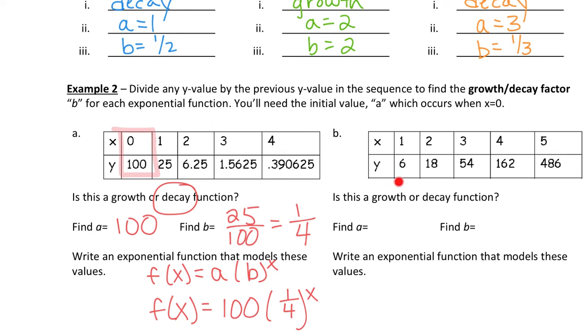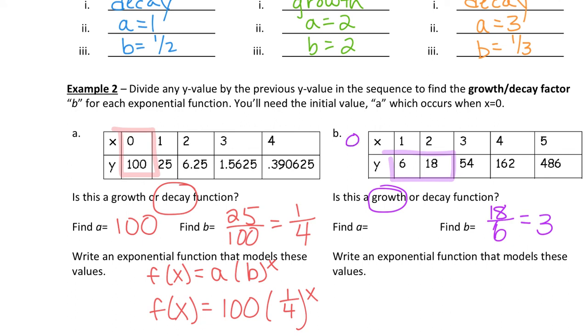In this one, I want you guys to tell me, is this one increasing or decreasing? So is it growth or is it decay? Of course, this one is growth. Now, this one will also be a little trickier to find a because you can see I don't have a 0. So let's figure out what our b value is first. If I take that second y value and divide it by the previous one, and you can do this at any point, it looks like my b value is 3.